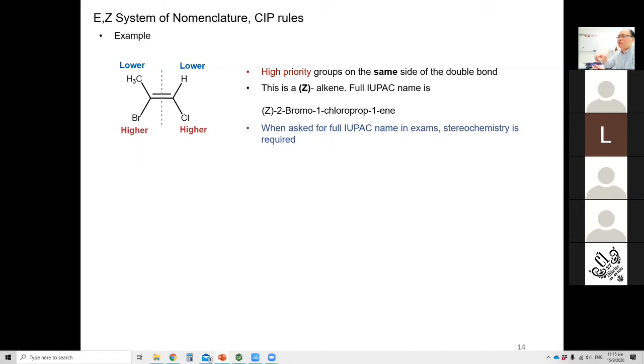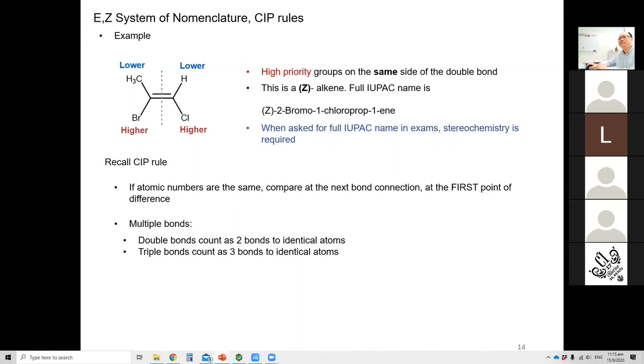Only when you give me the full name with these stereochemistry designations can you get full points for that problem. Keep that in mind.